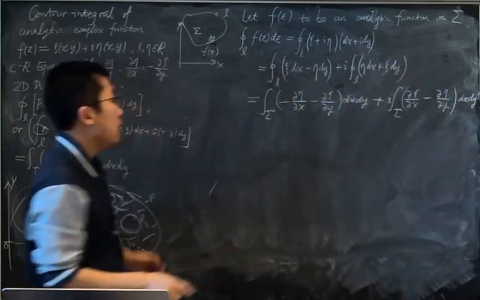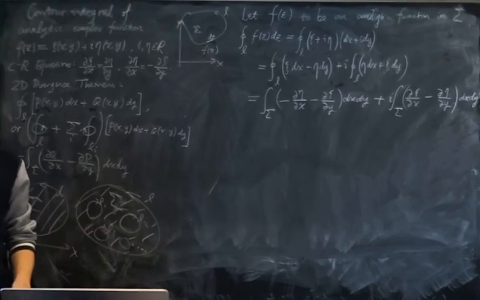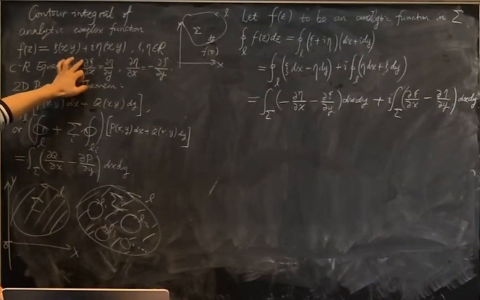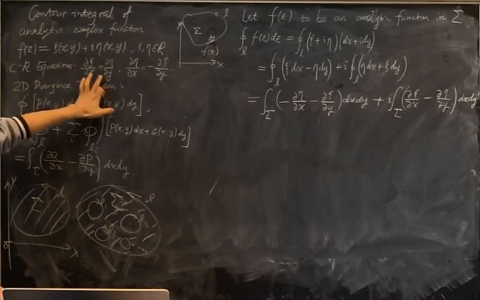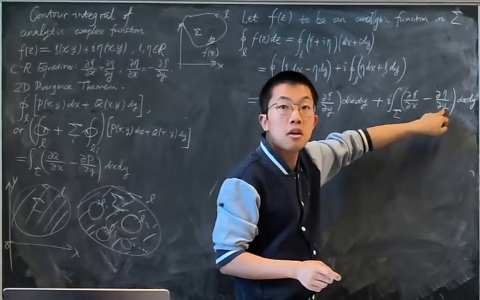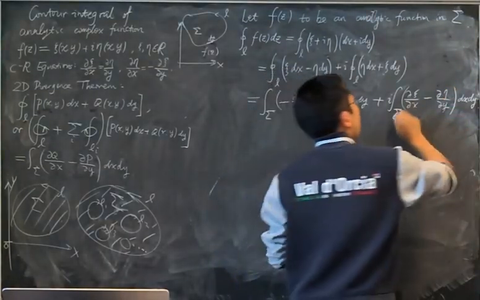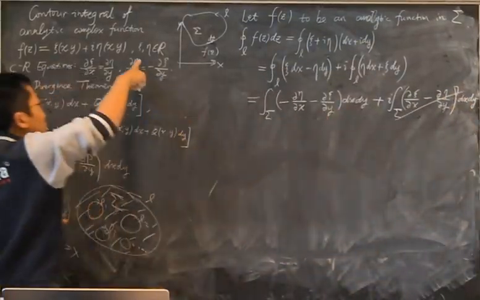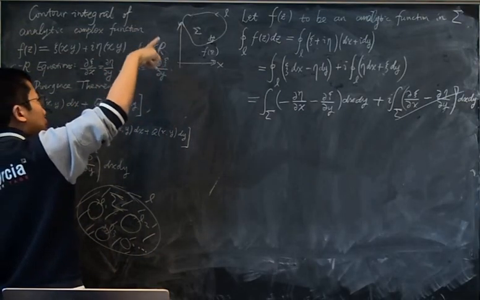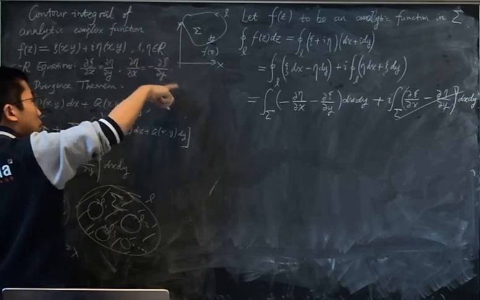Okay, and at this step, something interesting is going to happen. Look at the CR equations. Partial xi over partial x equals partial eta over partial y. So partial xi over partial x and partial eta over partial y are exactly the same thing. This term cancels. Partial eta over partial x is the negative of partial xi over partial y.